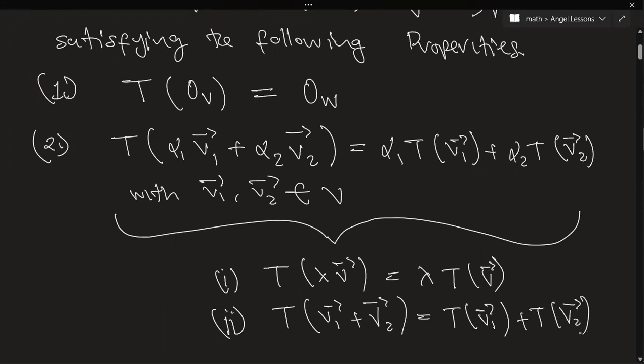If you can verify these two separately, they're equivalent to property 2 as well. So if a transformation satisfies these, then this is what we refer to as a linear transformation.